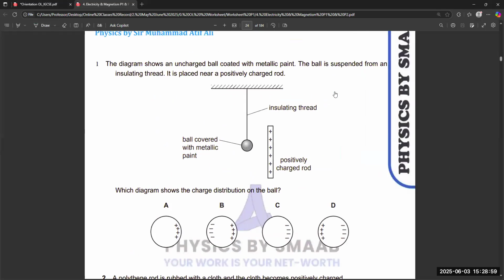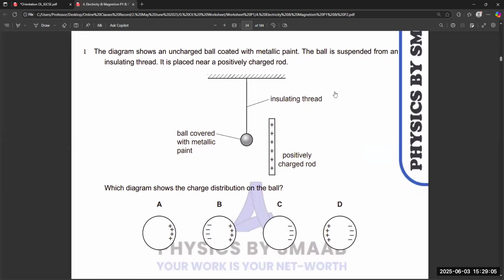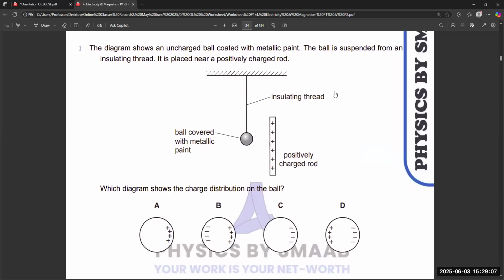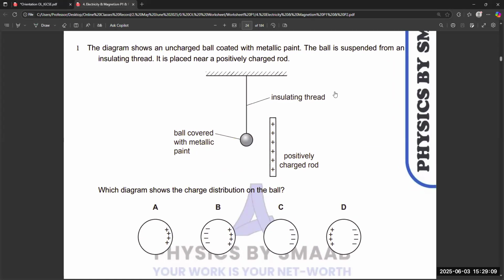You will get this type of questions mostly in your MCQs, like question number 1. The diagram shows an uncharged ball coated with metallic paint, and the ball is suspended from an insulating thread. It is placed near a positively charged rod.